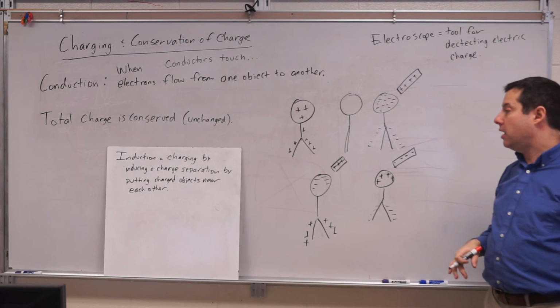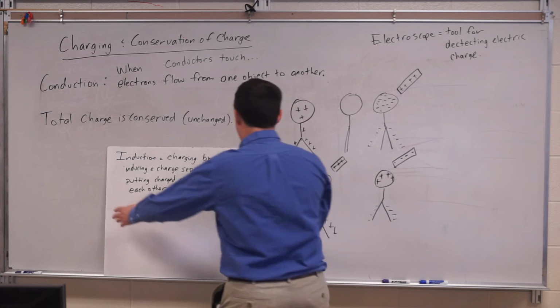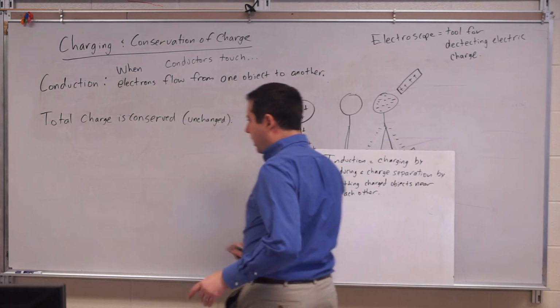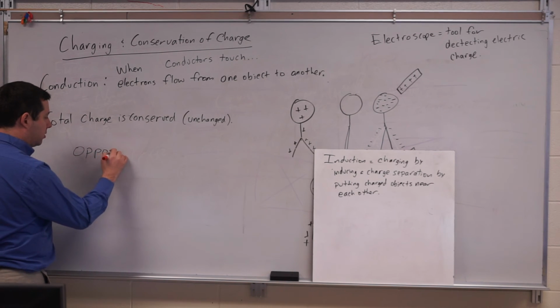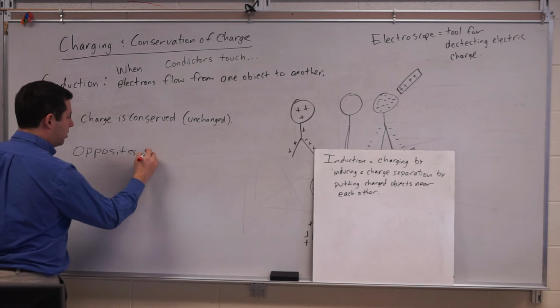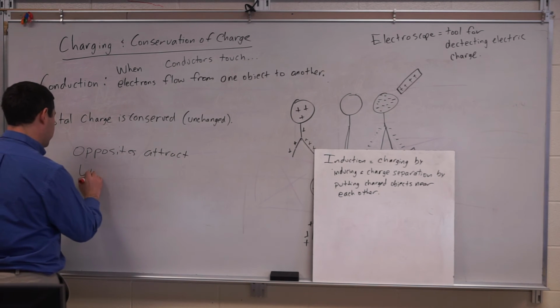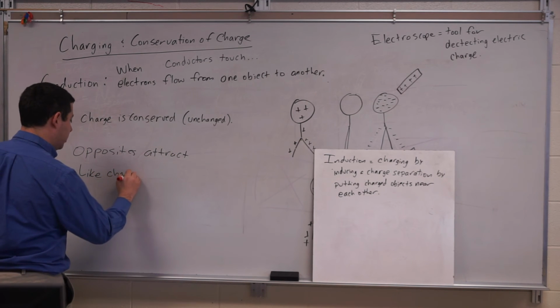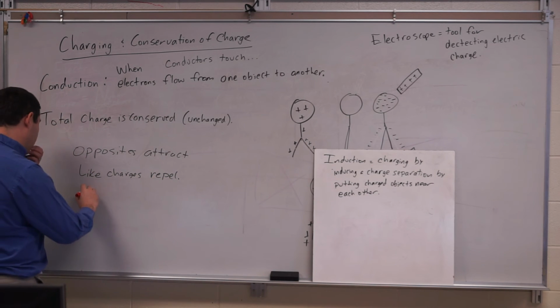One last thing, and this will be quick because I know this video is getting a little bit long. We've talked about charges in terms of opposites attract, and we've said like charges repel. But what about neutral?